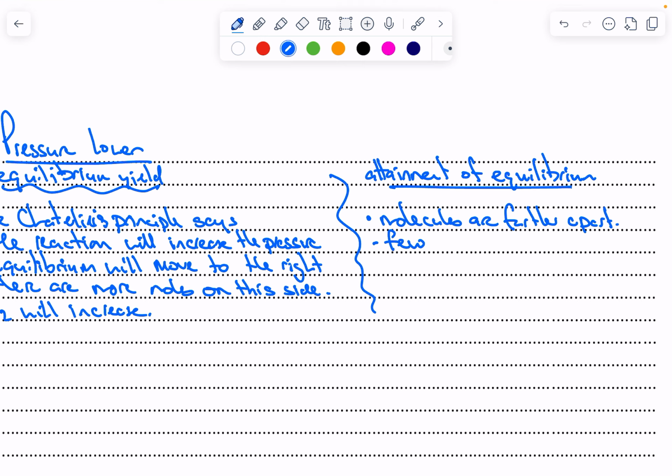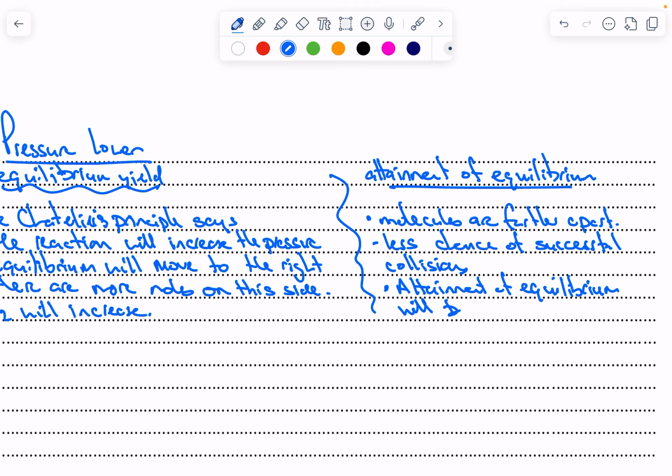Therefore, there will be less chance of successful collisions. So the attainment of the equilibrium will be longer. It'll take longer to reach that equilibrium.